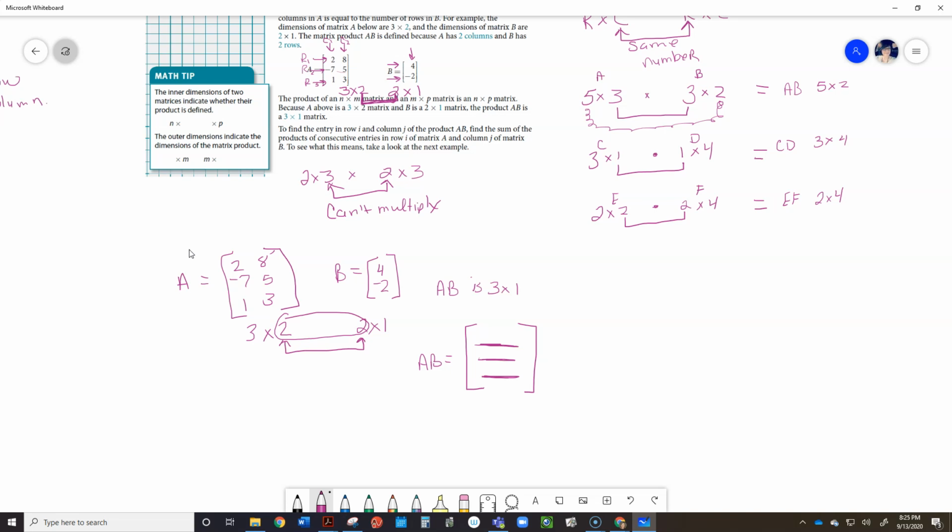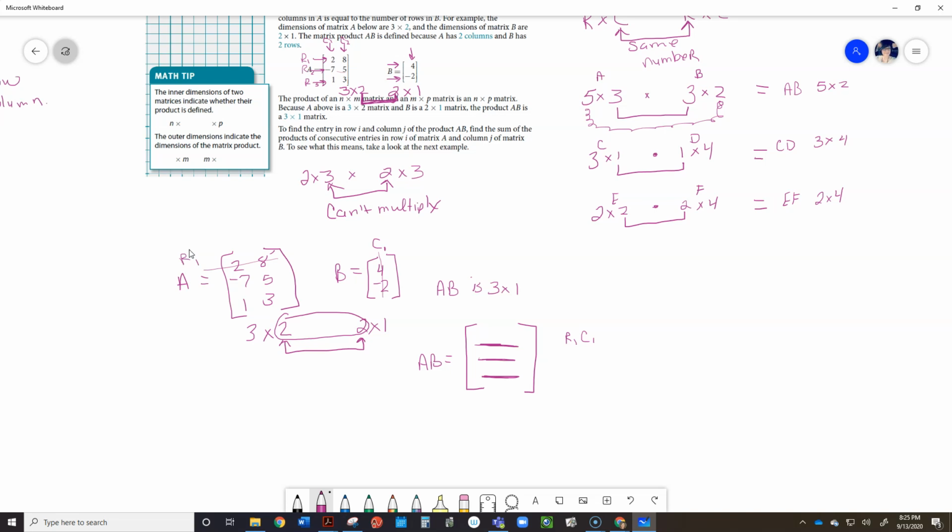everything that's in row 1 right here, and you multiply it by everything that's in column 1 over here. So I know that this is row 1, column 1, and that's how I know what to multiply: the numbers in row 1 times the numbers in column 1.